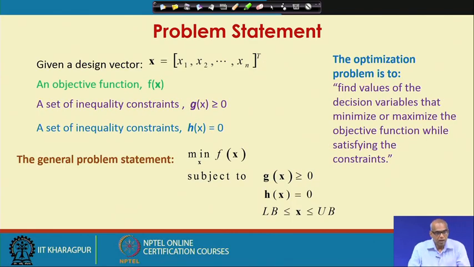Now, we have seen that the components of an optimization problem are decision variables, objective function, constraints.